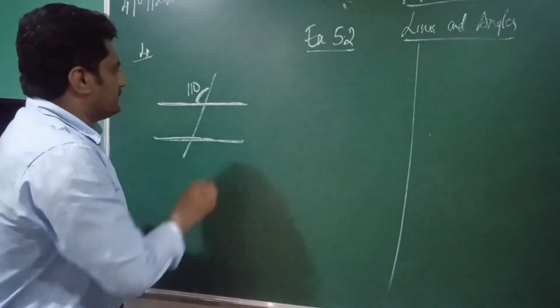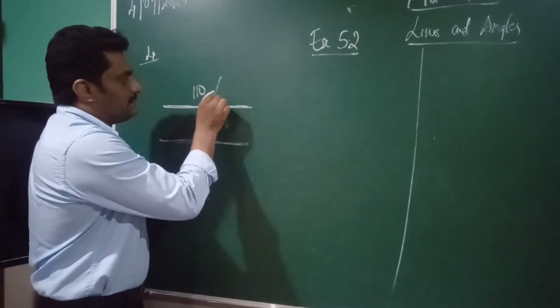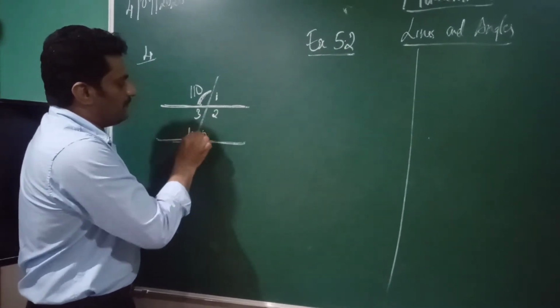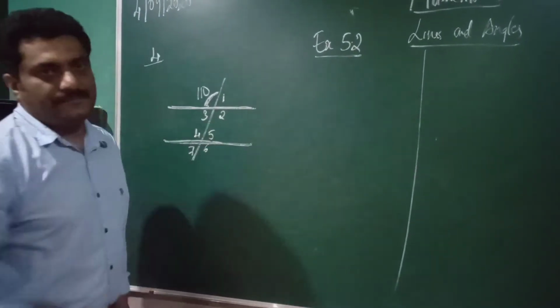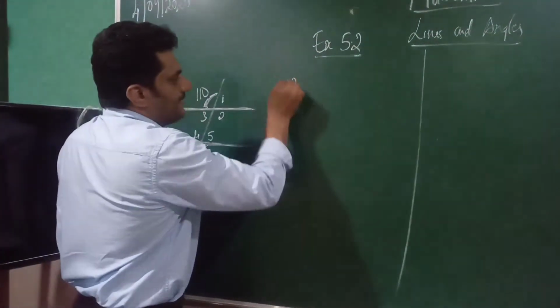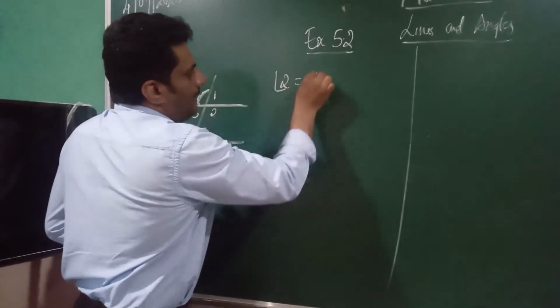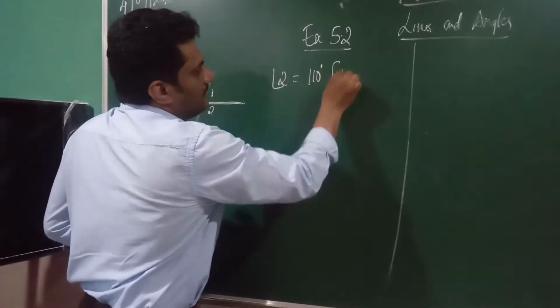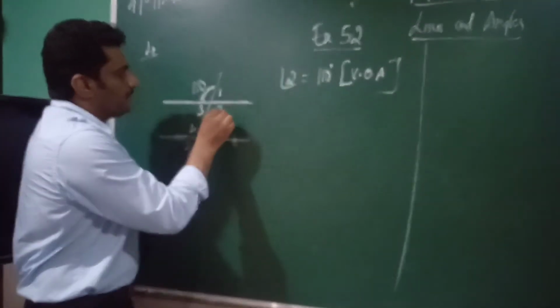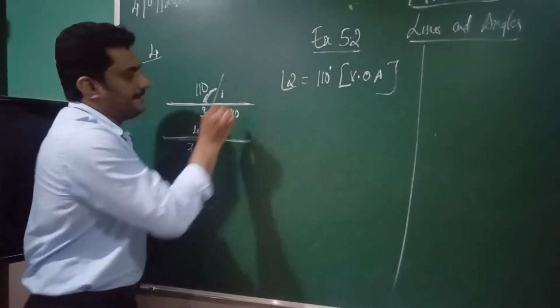First, we'll name the angles 1, 2, 3, 4, 5, 6, 7. Now these two are vertically opposite. So I can write angle 2 is equal to 110 degrees. Why? Vertically opposite. So we got here 110 degrees.